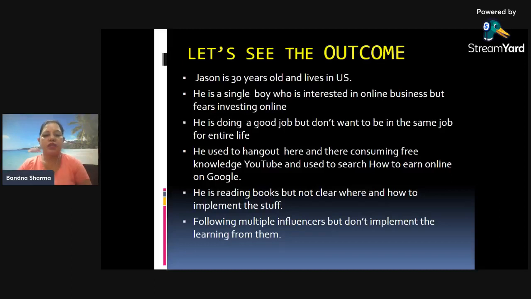So he is doing a job but doesn't want to be in the same job for the entire life. He wants to quit that job, and he used to hang out here and there consuming free knowledge on YouTube, or search on Google for free information like blogs, etc. And he is reading books, but he's not clear about the implementation of the stuff that he is reading within the books.